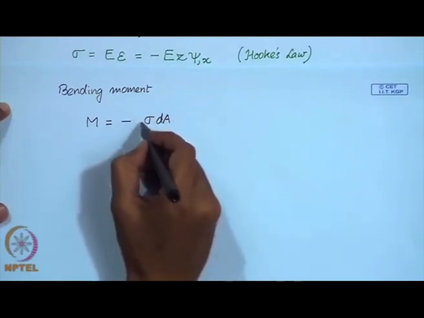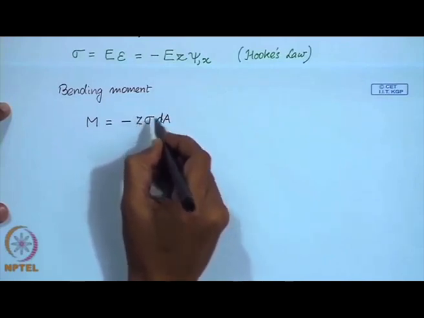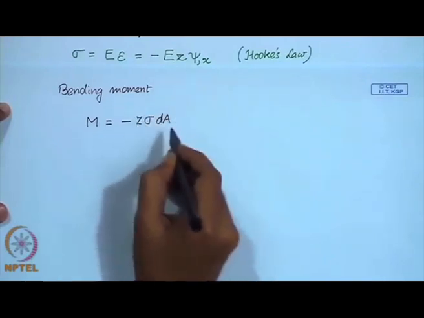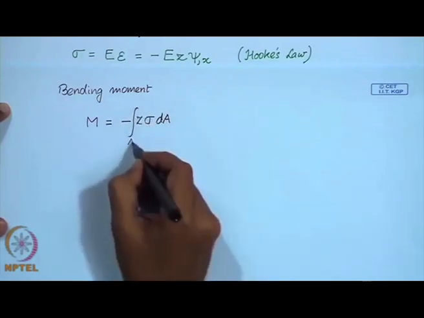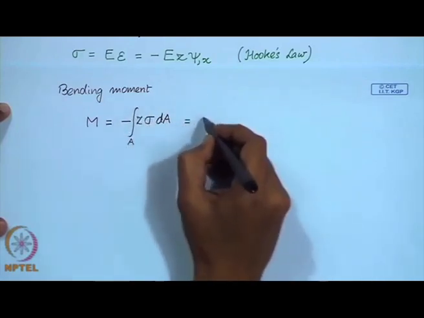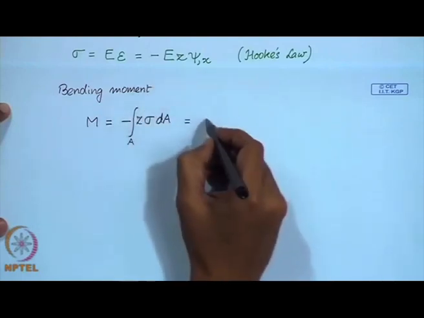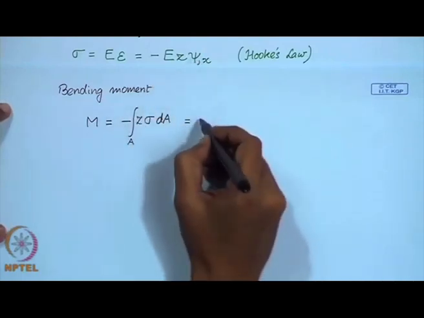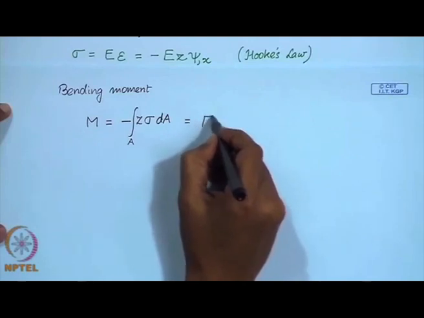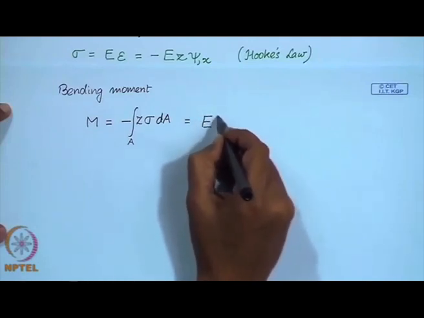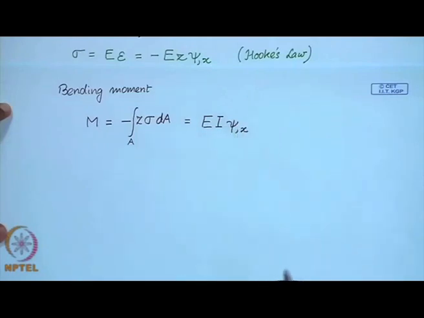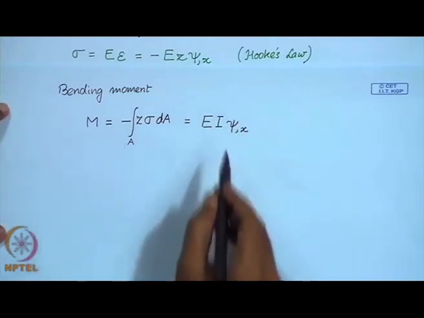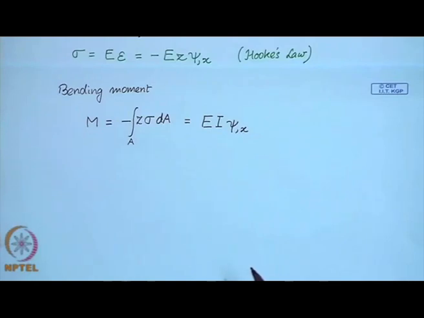So, arm cross, so z cross the force. So, that integrated over the area, and then if you substitute this expression of sigma, then you can easily see the way we have done before. So, the bending moment turns out to be E I del psi del x.